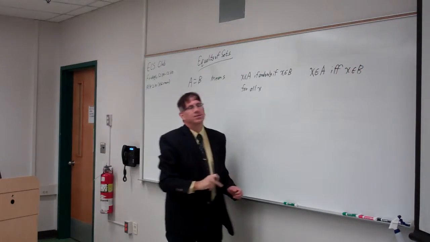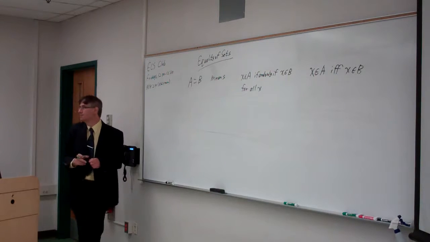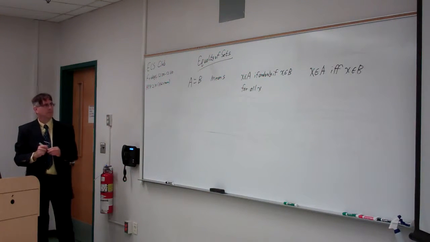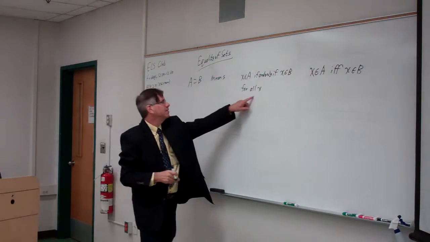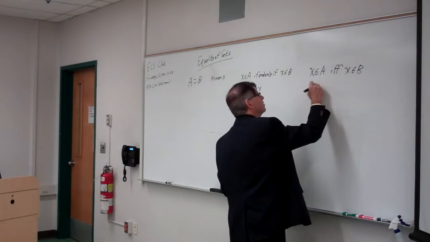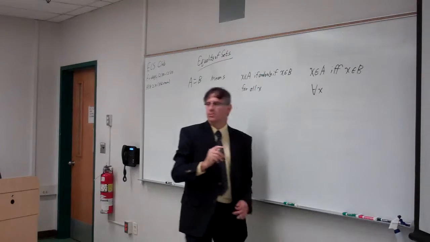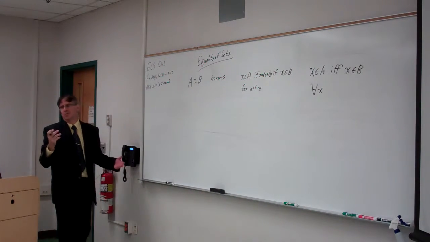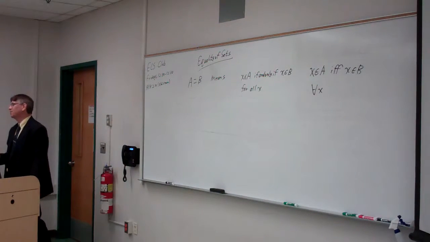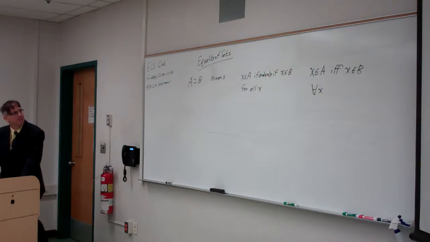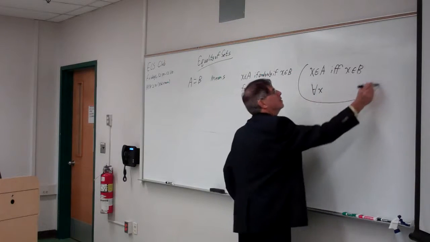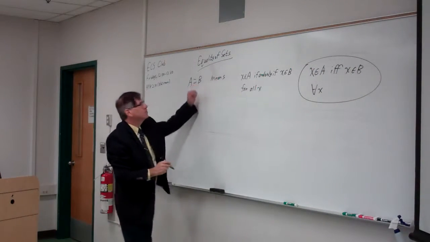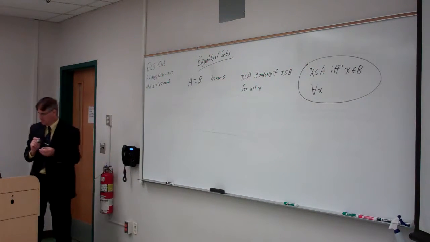So we have an abbreviation IFF, that means if and only if. And instead of saying for all X, I can use what's called a universal quantifier. It's an upside down A. It means for all. So this would be the more classic way of writing what we mean by A equals B.